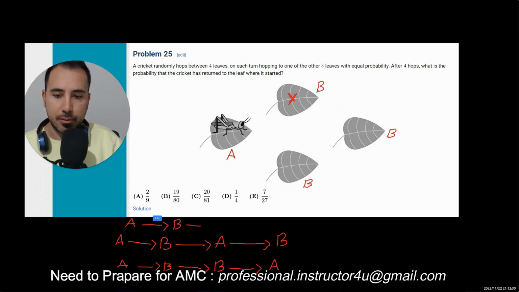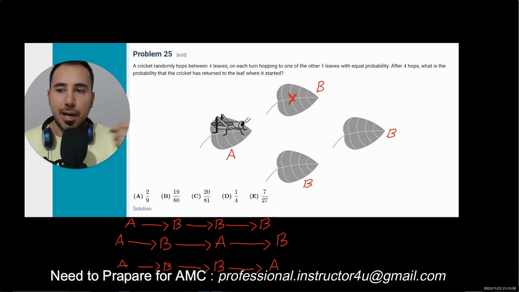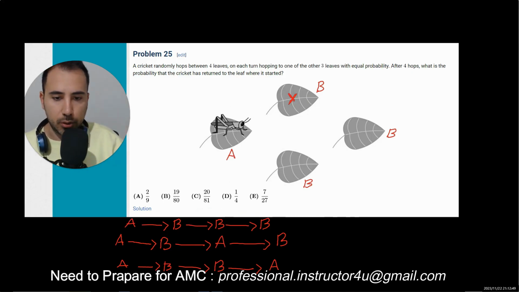A, B, B. We are still at B. So how many hops have we had so far? 3 hops. 1, 2, 3. So we need one more hop. In all the possibilities, we want to go back. So all of them will have to turn into A.